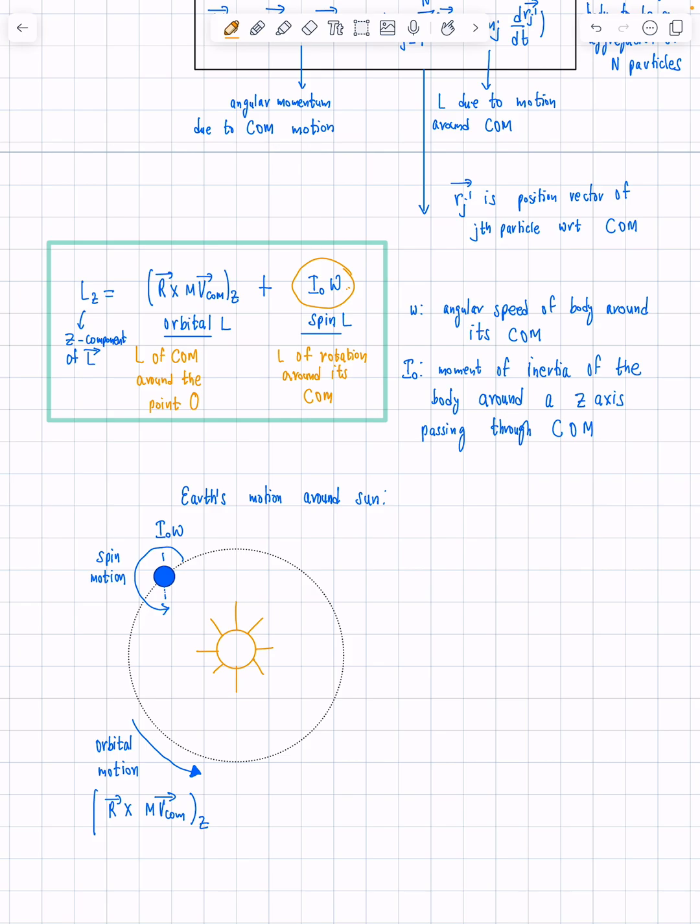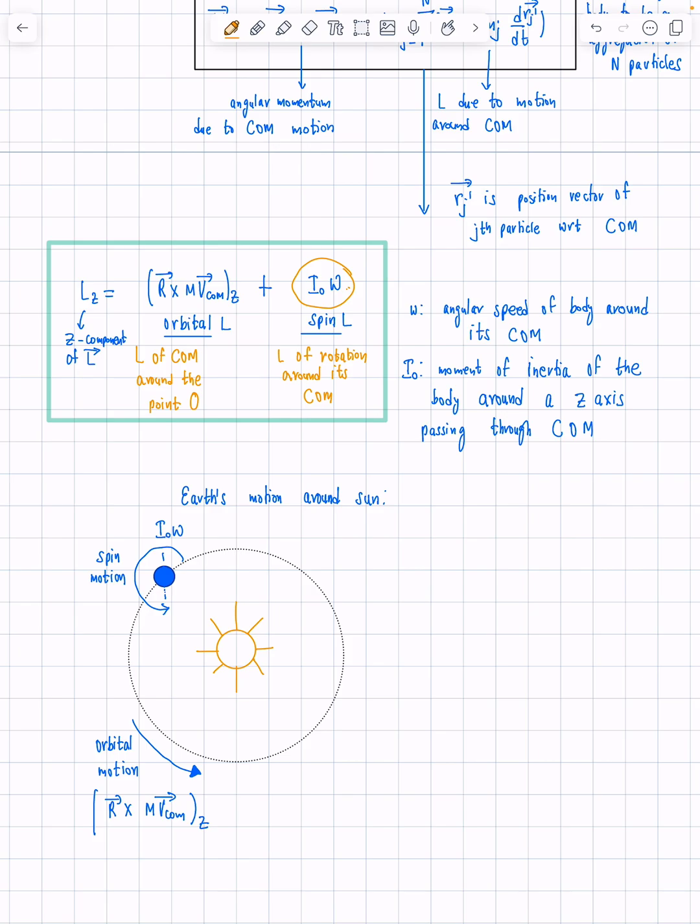I'll be showing two examples, but we will limit ourselves to the situation where the axis of rotation is along the z-axis, and the orbital L also is entirely along the z-axis. Even if it is not, we can take the z component.